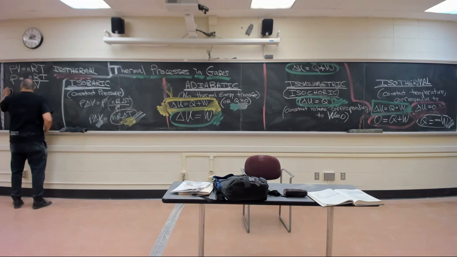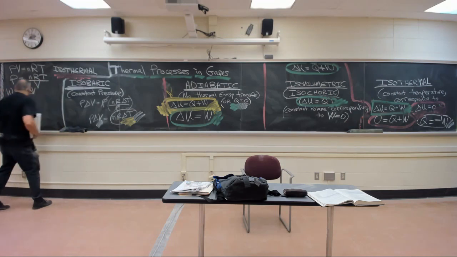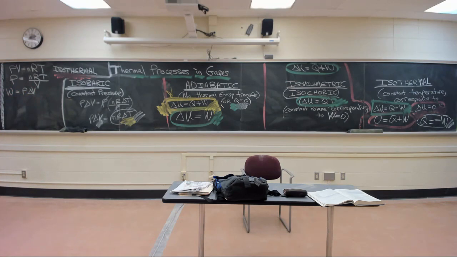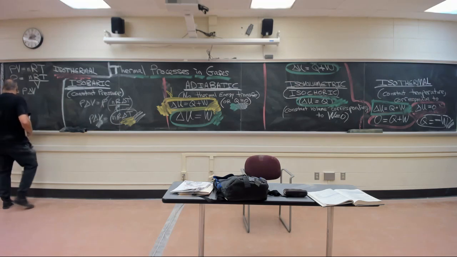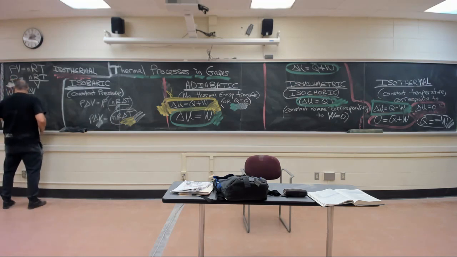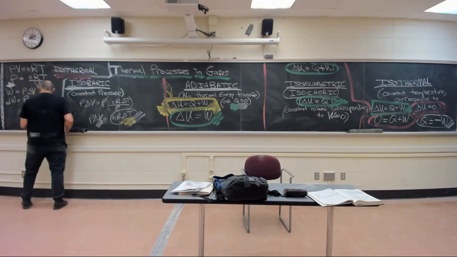The amount of work is P delta V. Yeah, I know, the pressure changes though. Pressure's a function, so P delta V kind of works, but you're better off saying the differential element of work is the function P, which changes, times delta V.